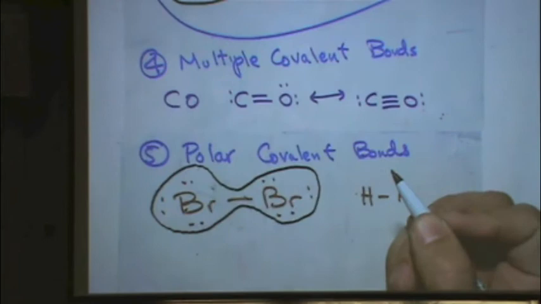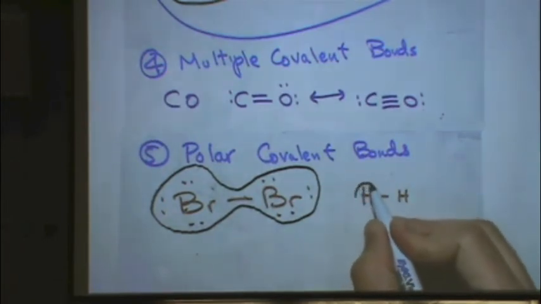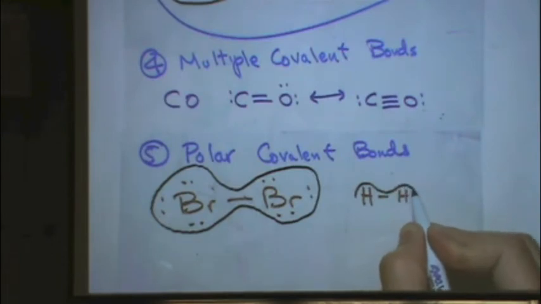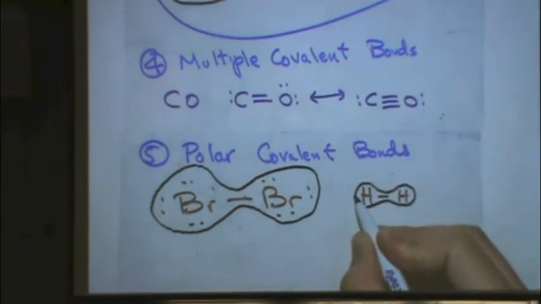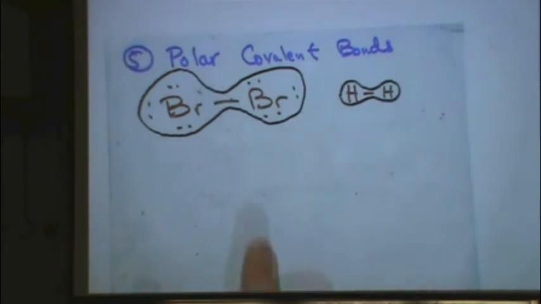Bromine's definitely bigger. It's lower down on the periodic table. Hydrogen has very few electrons. I'm going to draw a very small little bubble. Again, these bubbles represent the location of the electrons, or the radius, essentially. So the bigger bubbles are going for bromine because it's a bigger atom. Hydrogen is much smaller, so we draw very small little clouds or bubbles around them.